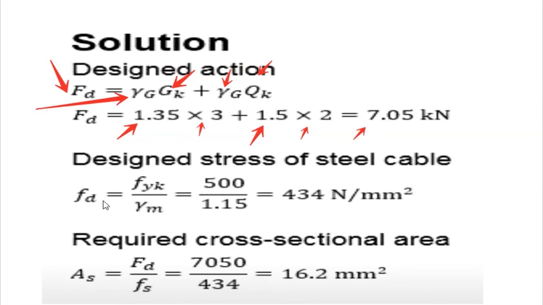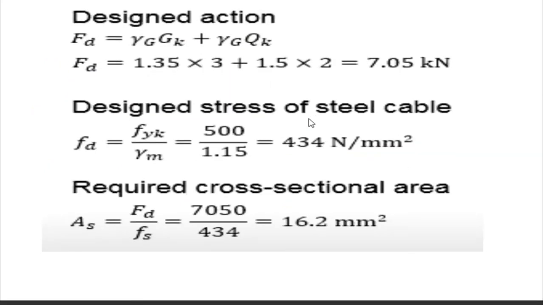Now the stress is always the characteristic strength over the partial safety factor of the material. So for the steel, you are given the characteristic strength of about 500 over the partial safety factor. So you have your stress in Newton per millimeter squared. Now once you have your stress, the cross-section area is the design load over the stress.